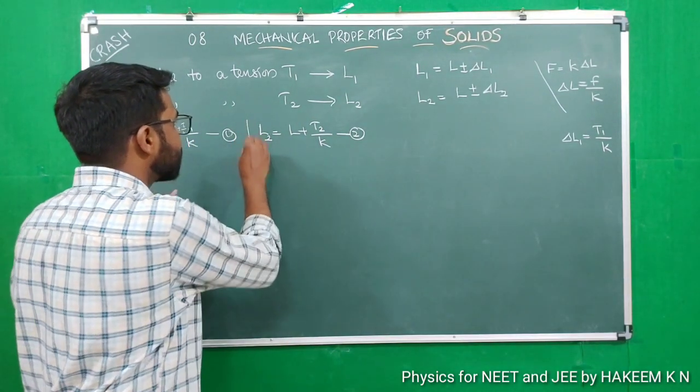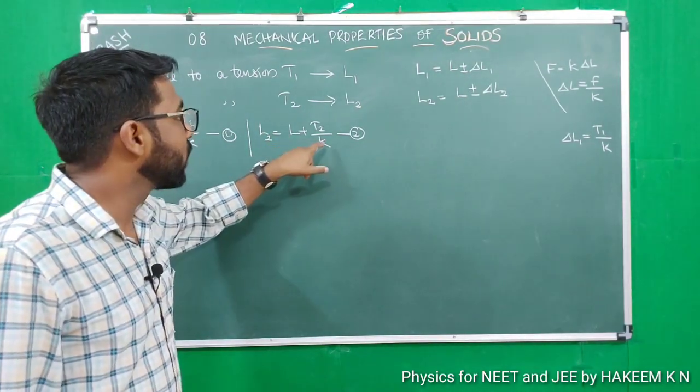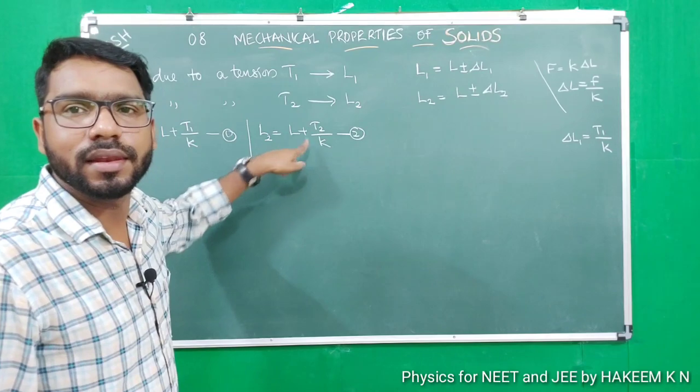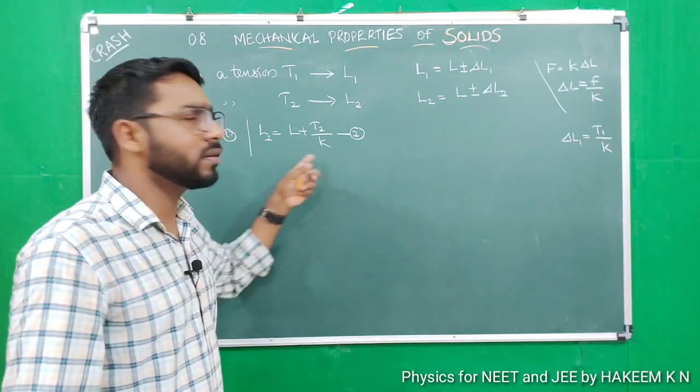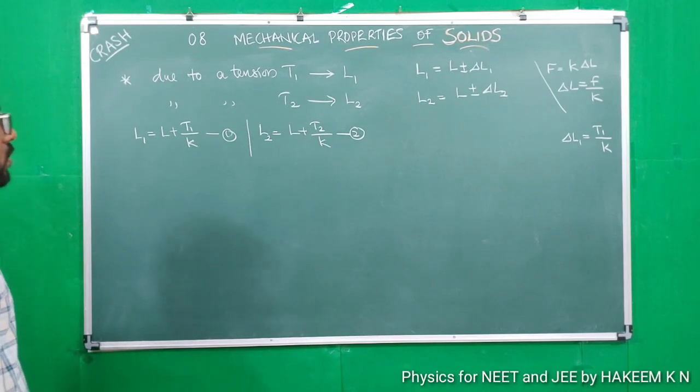From these two equations, we can find K and L, the force constant and the actual length, by solving them.